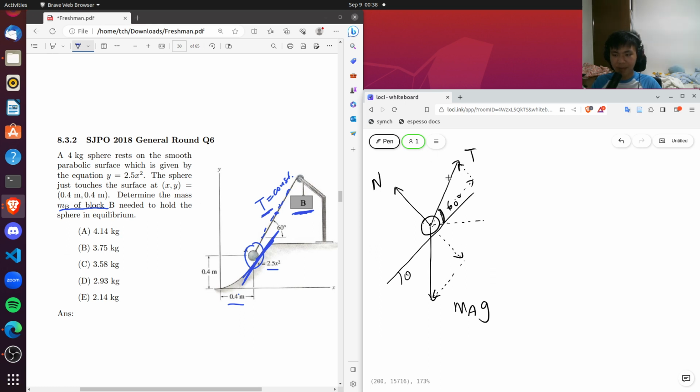The reason is that there may seem to be three contributions to the perpendicular component: the gravitational, the normal, and the tension.